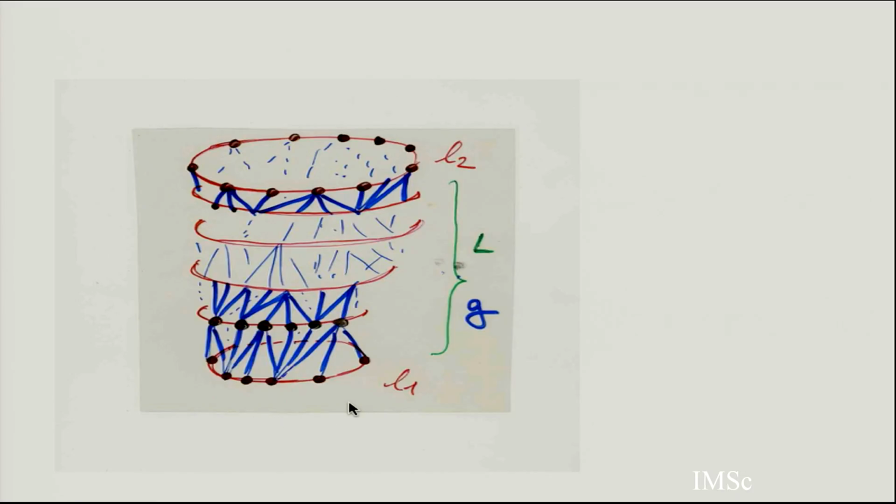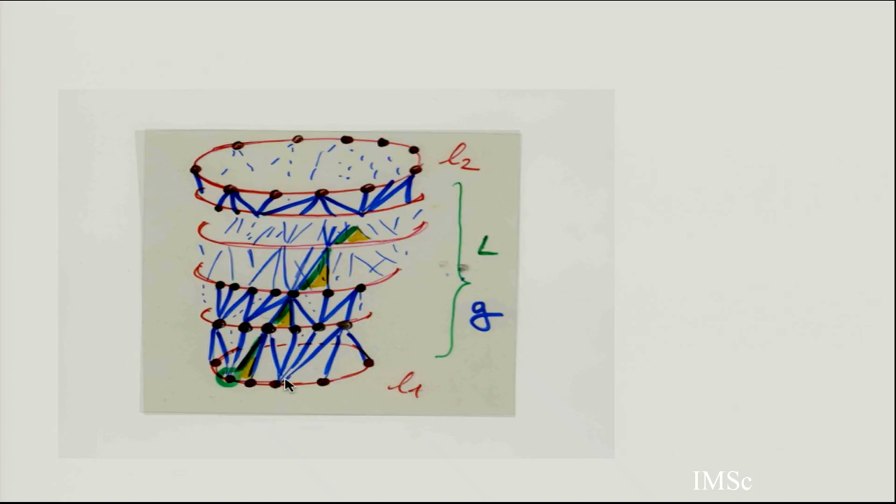So you put your Lorentzian triangulation on a cylinder, and suppose you fix a point on the lower circle, and then you can cut your cylinder. Each time, when you have a point and there are many triangles starting from this point, you follow the rightmost edges of the triangle.